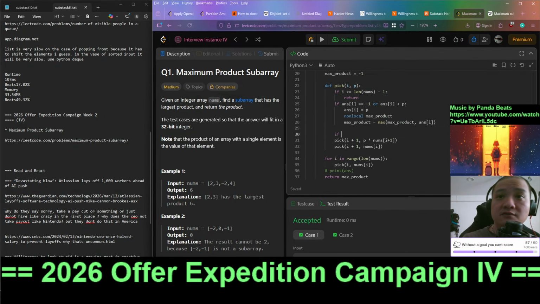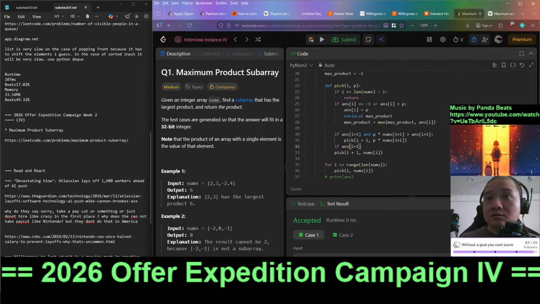So we could say if p multiplied by whatever this number is, right? If and I plus 1 and make it greater than whatever is already there, right? Then we go this, right? Same goes for this, eh? Right, so we do that.